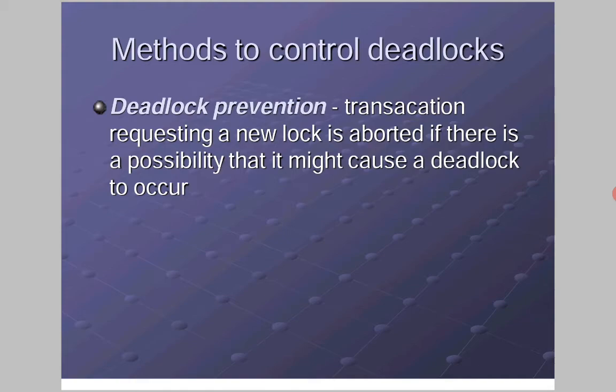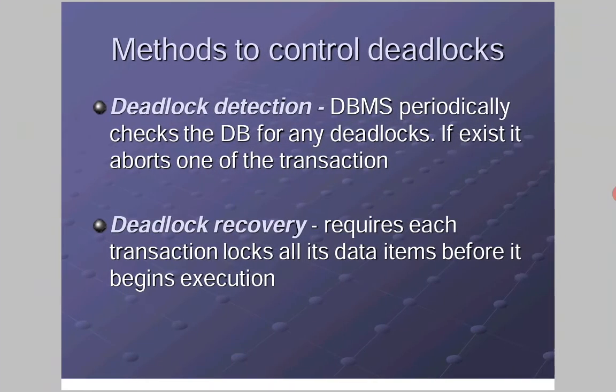So how do we control deadlocks? What are the methods? First, deadlock prevention: a transaction requesting a new lock is aborted if there is a possibility that it might cause a deadlock to occur. The other methods to control deadlock are deadlock detection and deadlock recovery.